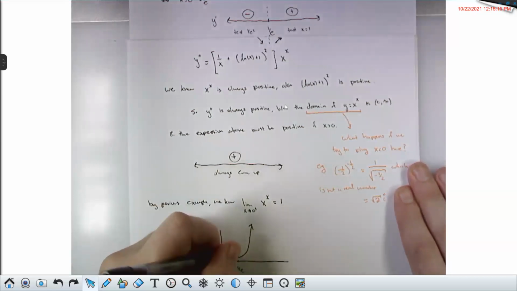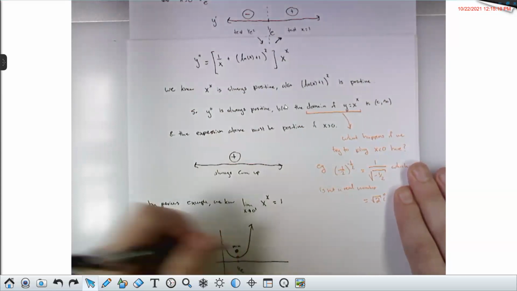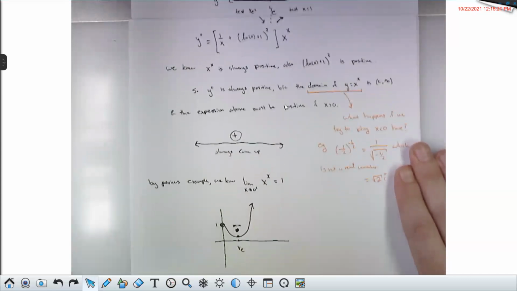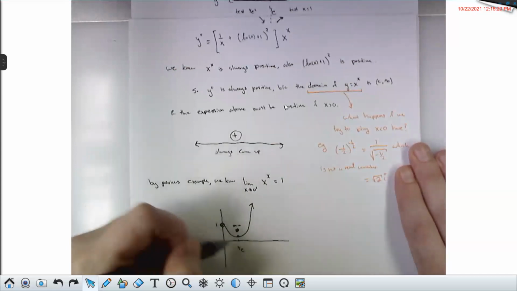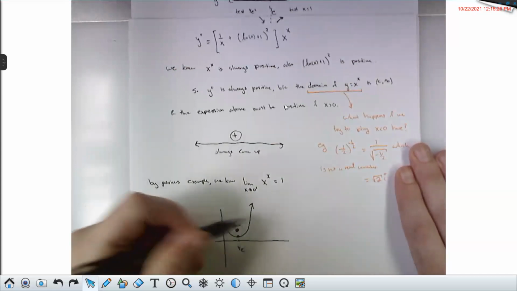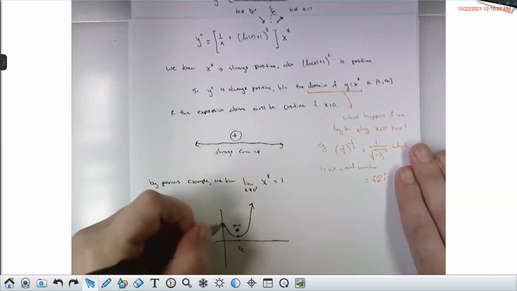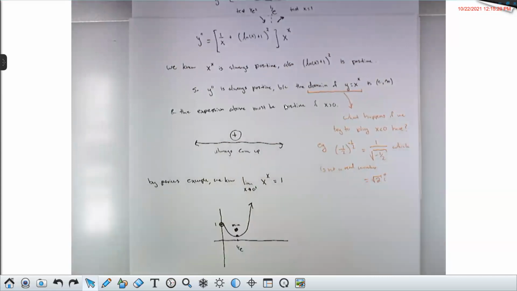You have your inflection point here, or sorry, not inflection point, you have a min here at 1 over e, and you're always concave up. You go from decreasing to increasing, and your limit as you approach 0 from the right is 1.